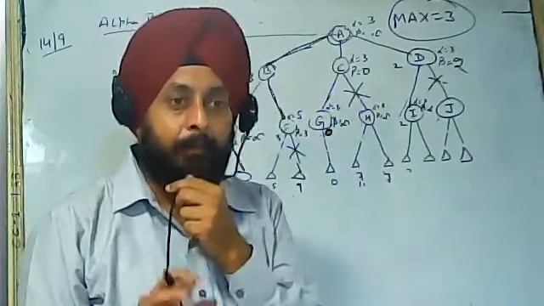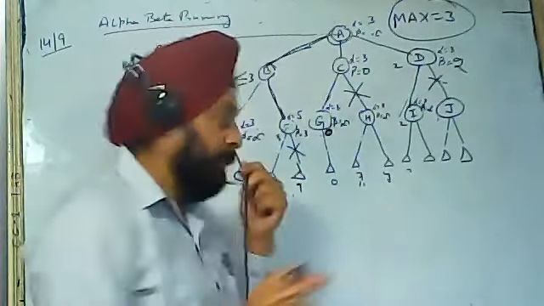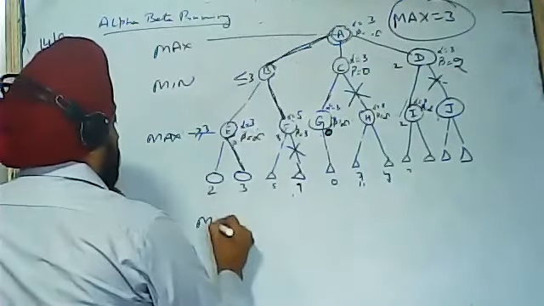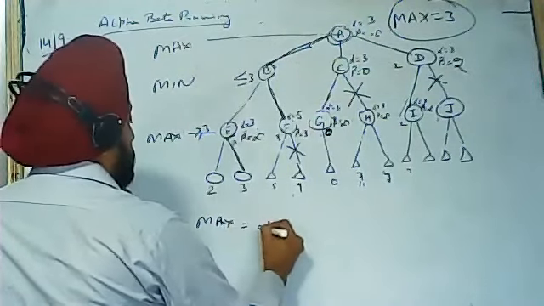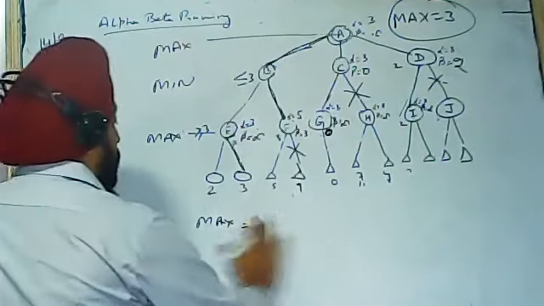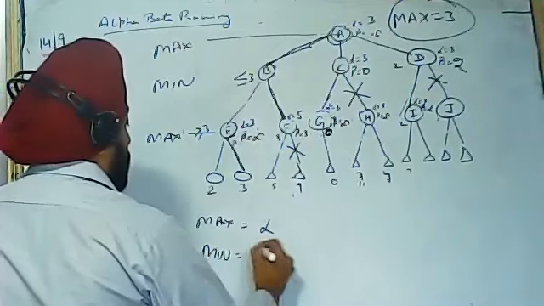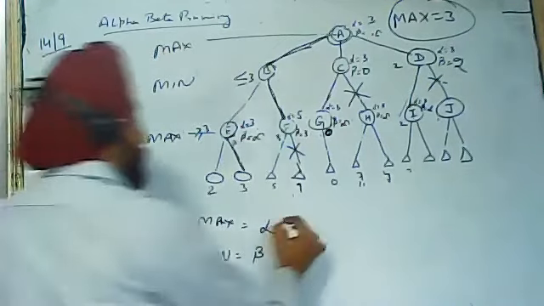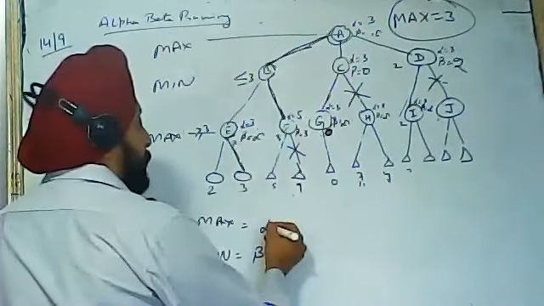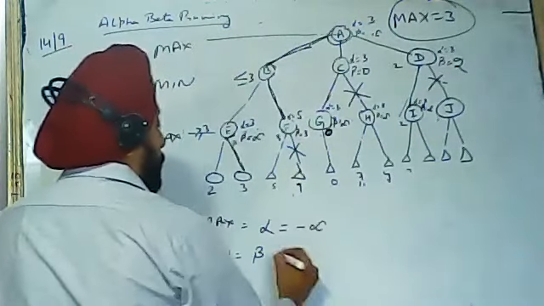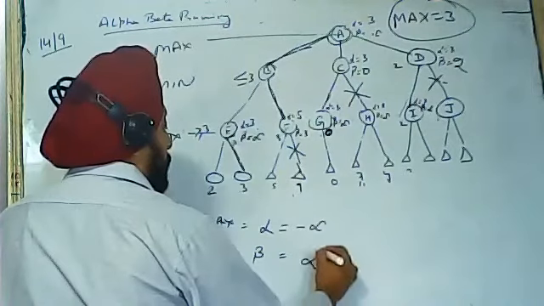Very important, I repeat again. In alpha beta pruning, we prune the trees. We start with the alpha value for max and the beta value for min. We start with the worst values: for alpha it is minus infinity, and for beta it is infinity.